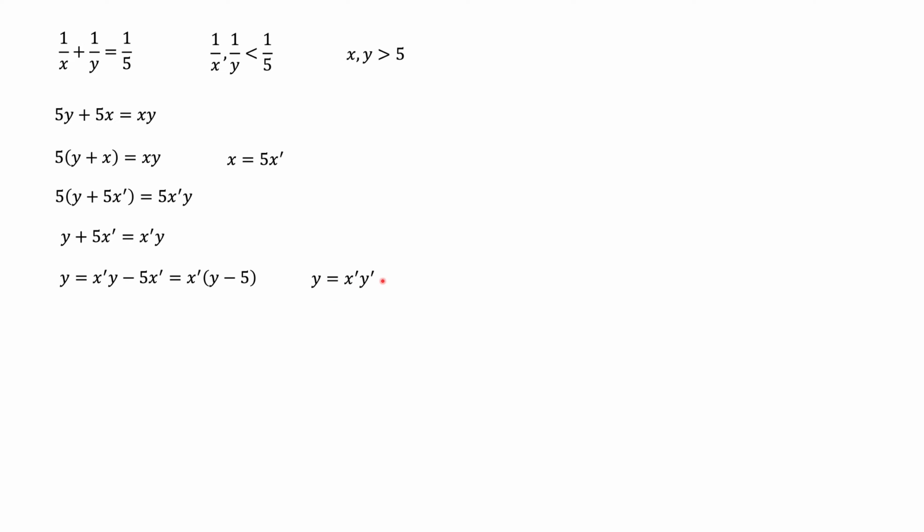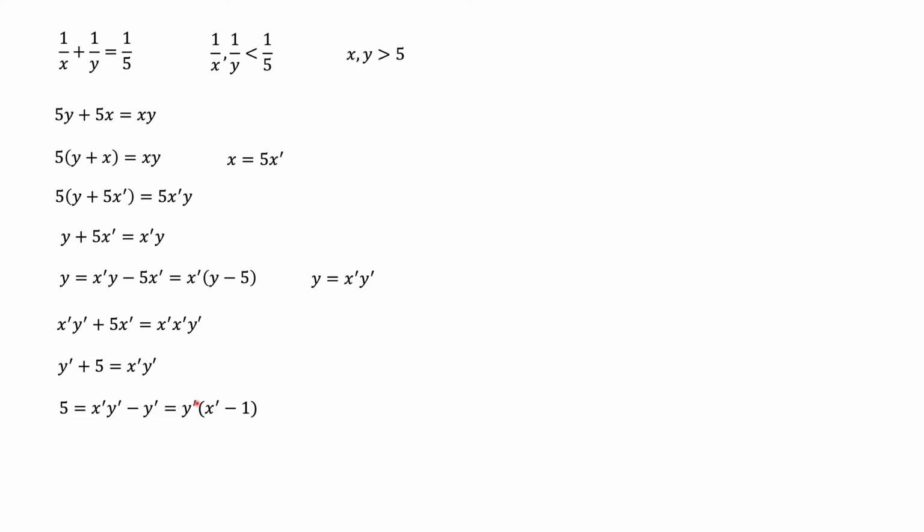And what we're going to do now, again, is substitute this value of y into this equation. And now we divide the left and right hand side of this equation by x prime. And now we're going to take this y prime and move it to the other side. And what we find now is that the product of y prime and x prime minus 1 equals 5.